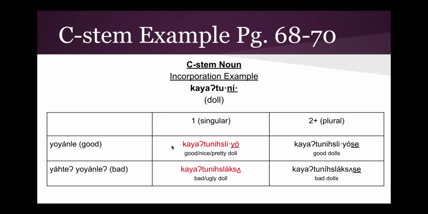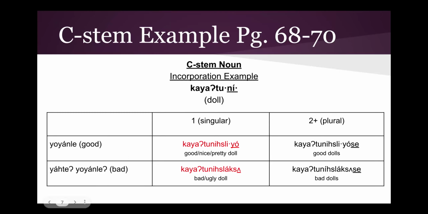And so gayatduni sli, gayatduni slio means a nice doll, a pretty doll, a good doll. Gayatduni slios, gayatduni slioze means good dolls.